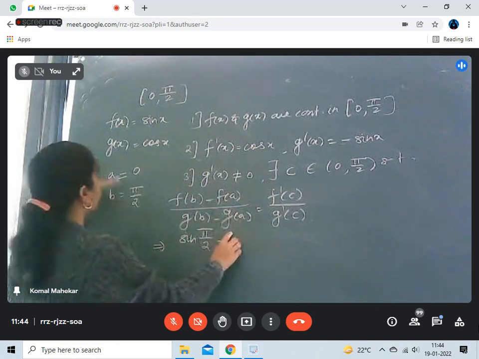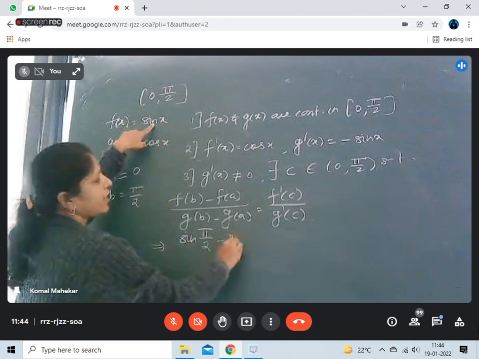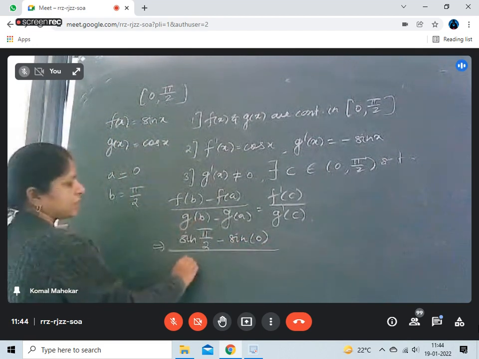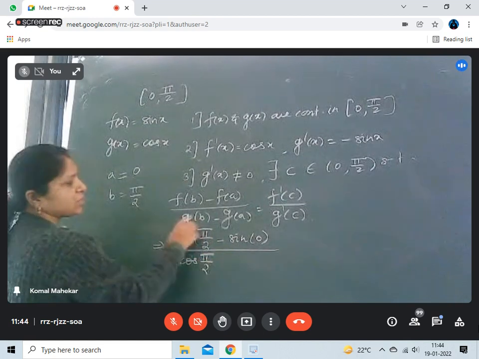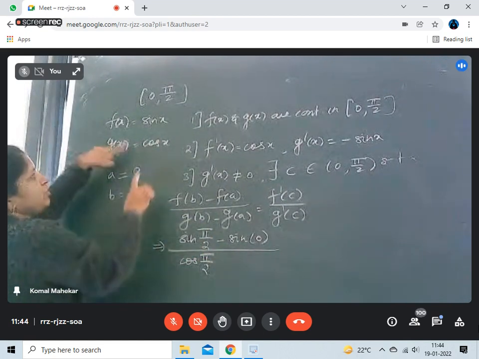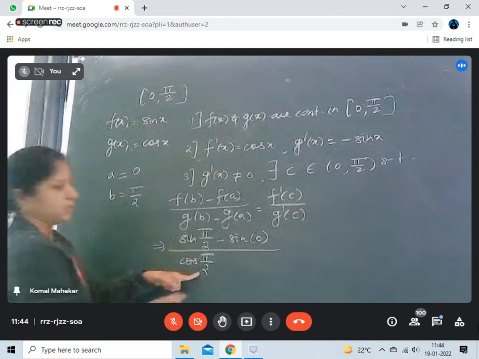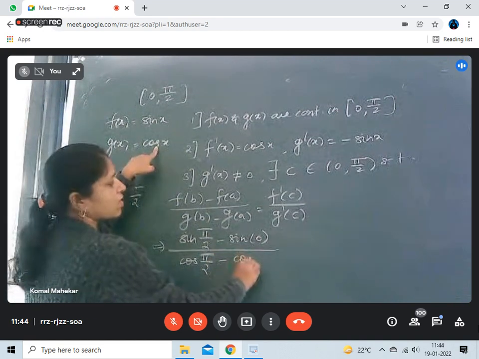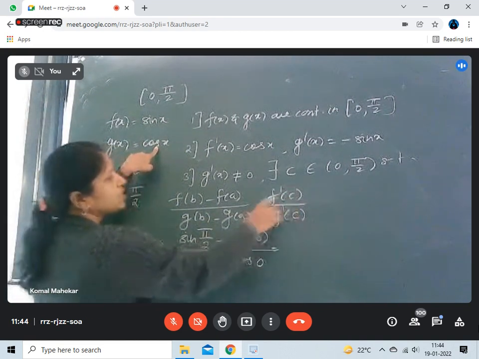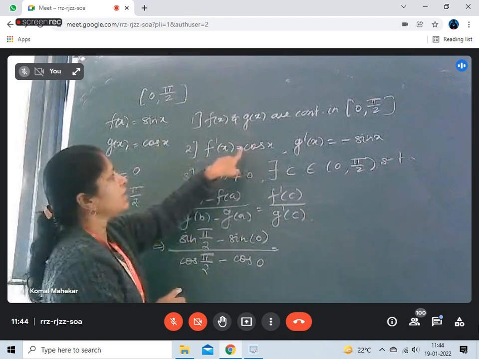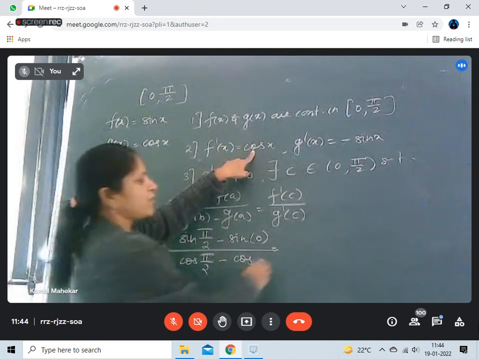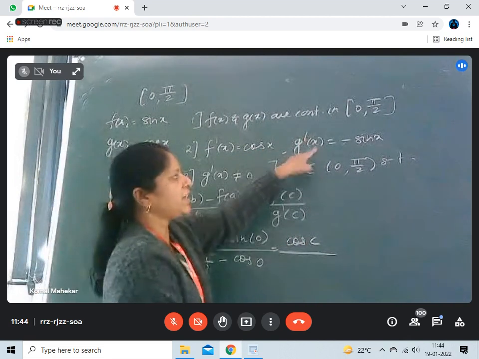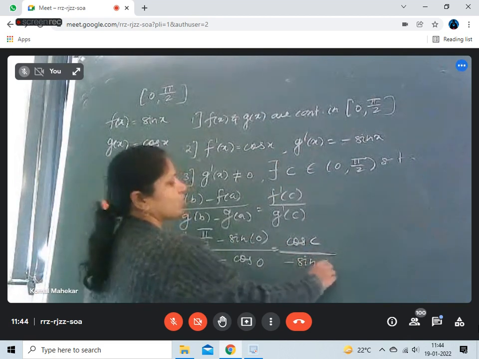Minus f(a), sin a, that is sin 0, divided by g(b), which is cos b, that is cos of pi by 2, minus g(a), which is cos of 0, is equal to f'(c) upon g'(c). f'(x) is cos x, so f'(c) is cos c, divided by g'(c), that is minus sin c.